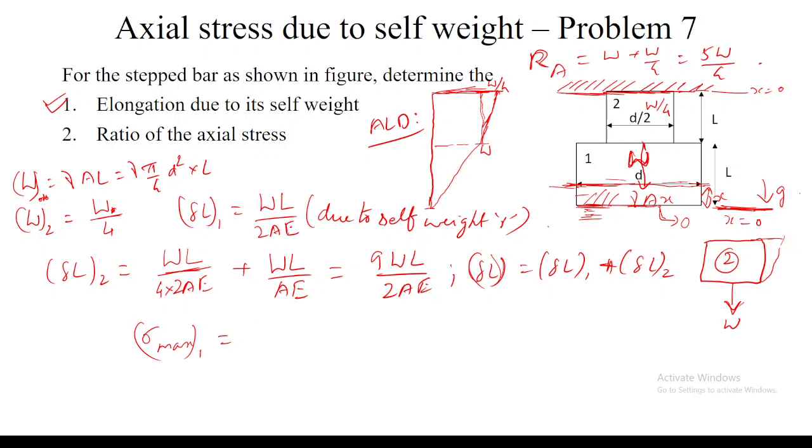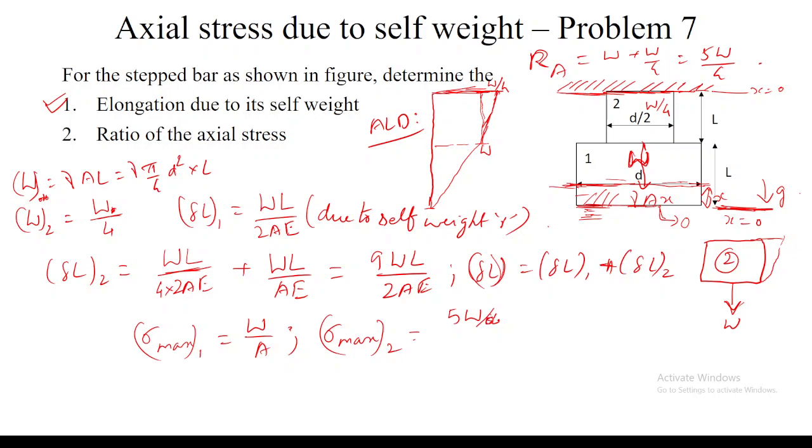Anyone? W by A. Yeah, it is W by A. And what will be the maximum stress on member 2? 5W by 4. Yes, so 5 into W by 4.